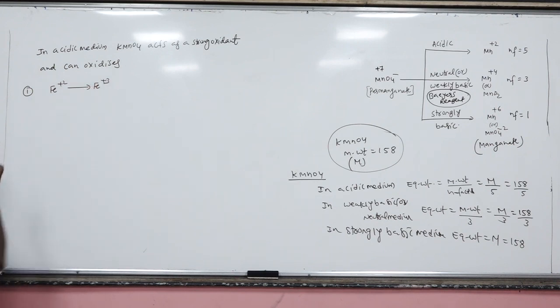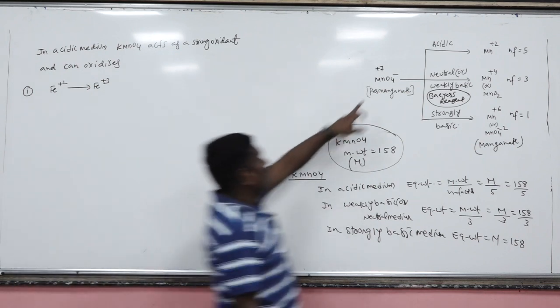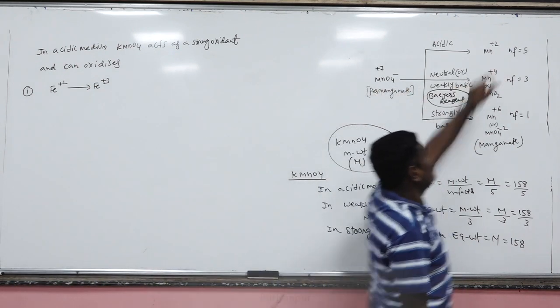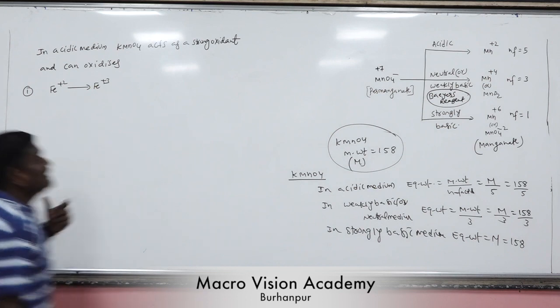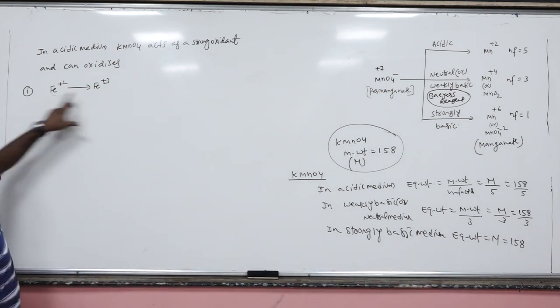In acidic medium, manganese plus 7 is reduced to manganese plus 2. This is very important. That manganese plus 7 in acidic medium reduces, and iron plus 2 goes to iron plus 3.